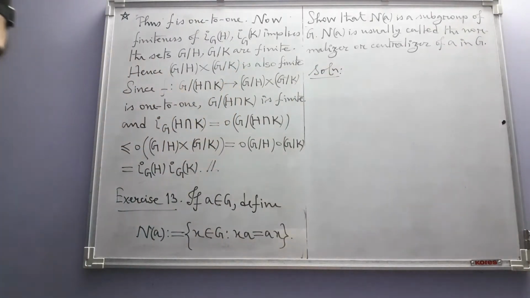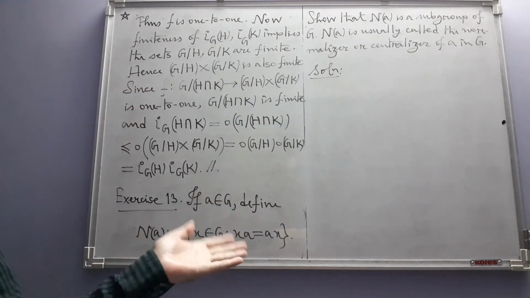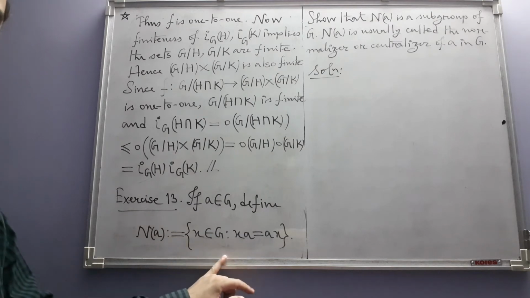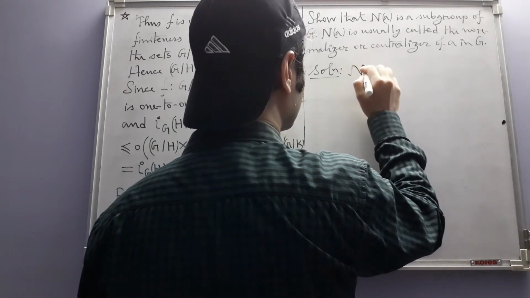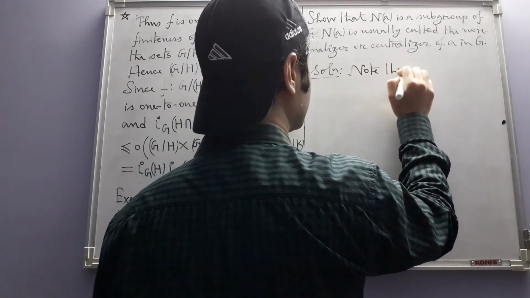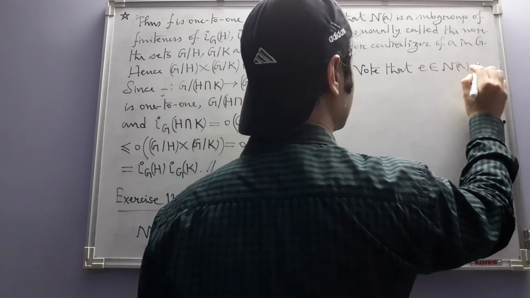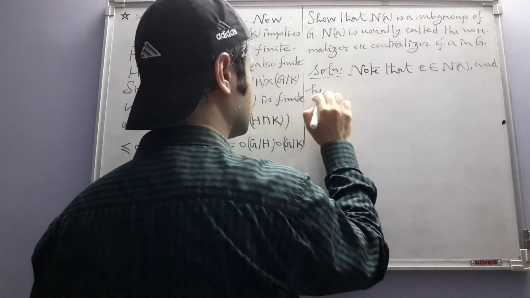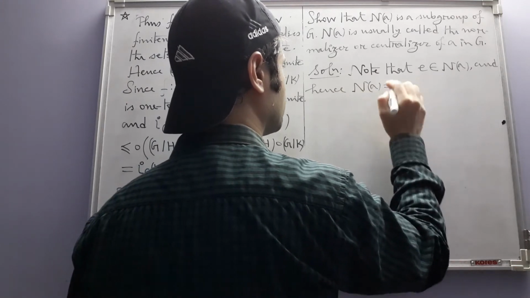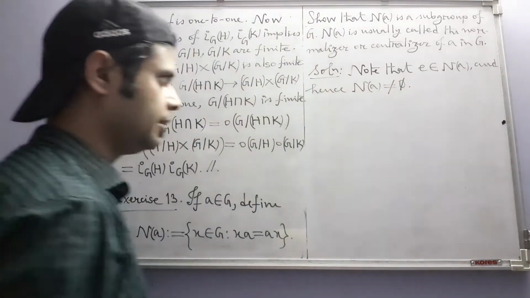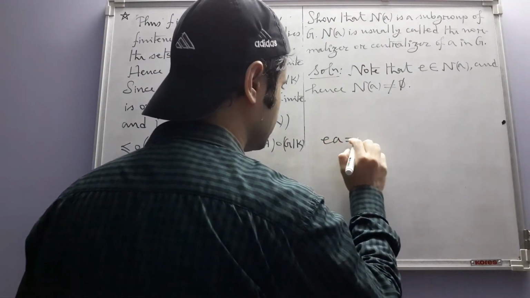So we have to prove that this is a subgroup. Before we verify the equivalent conditions for a subset to be a subgroup, we have to make sure that this is non-empty. Never forget that. Note that e belongs to N(a), and hence N(a) is a non-empty subset of G. e belongs to N(a) because e commutes with a: ea is equal to ae.